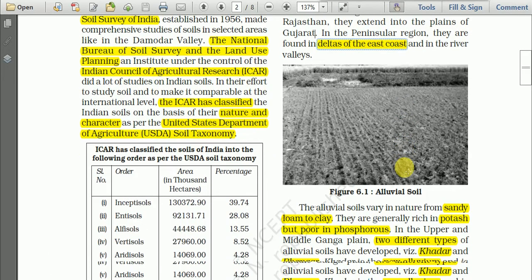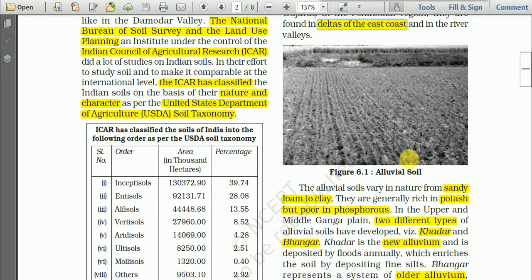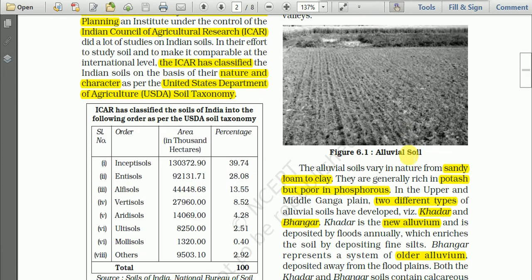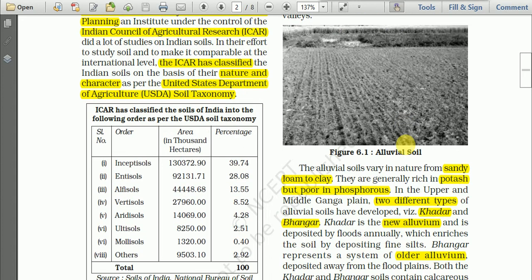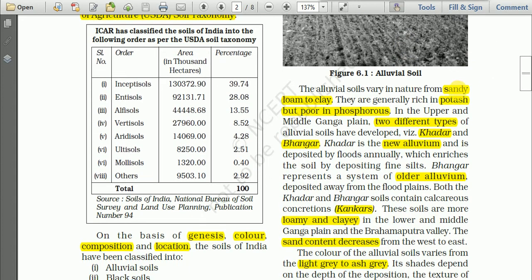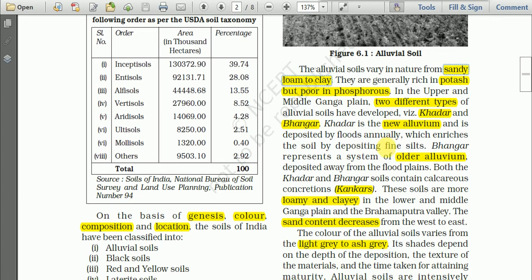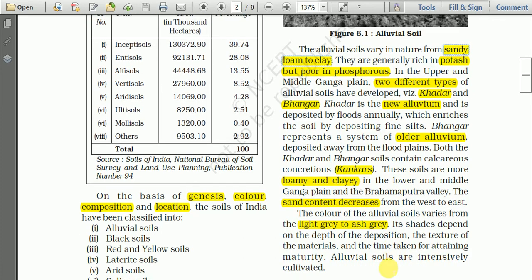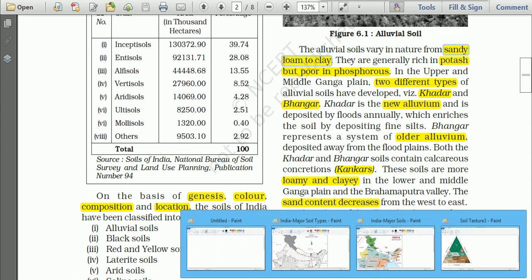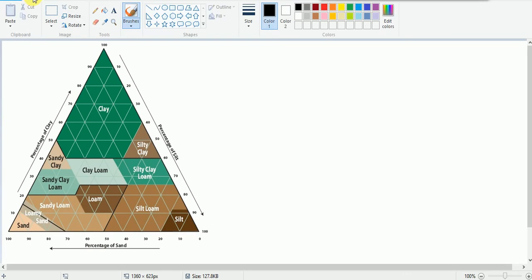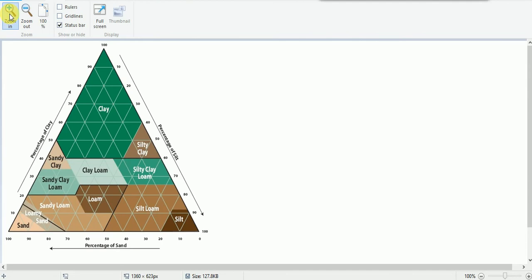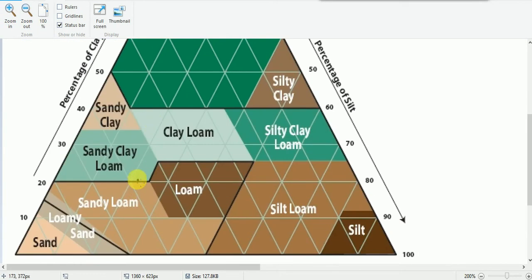And the alluvial soils vary in nature from sandy loam to clay. So this is about the characteristics of the alluvial soils. Alluvial soils vary in nature from sandy loam to clay. See here, we may see this soil texture triangle. Just see here, sandy loam is here.